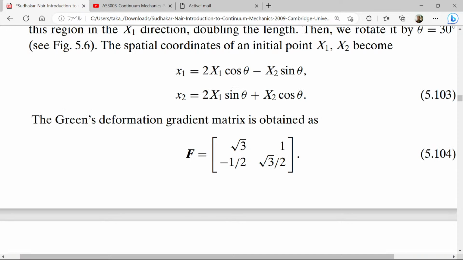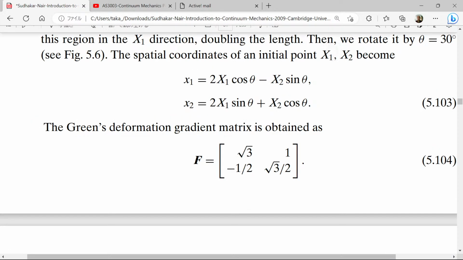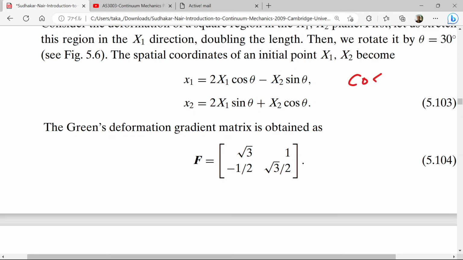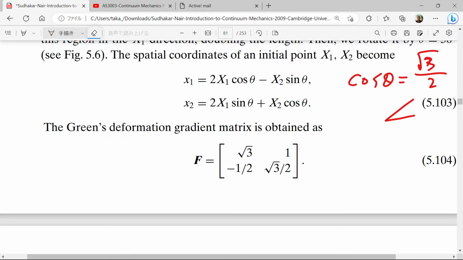See, let's do this. This is cosine theta. What is cosine theta? Cosine theta is like this: square root of 3 divided by 2. That's cosine theta.